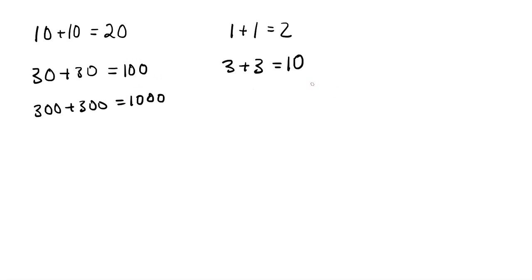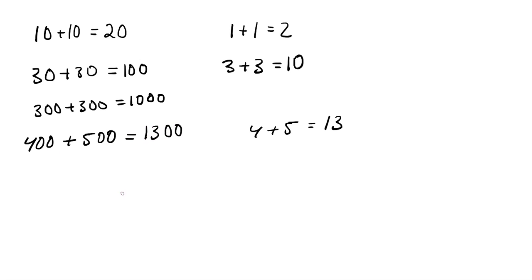So we have another addition table for base 6 and any other base. For example, if I have 400 plus 500 in base 6, we have 4 plus 5. What is that in base 6? Yeah, we know that 4 plus 2 is 10. So this is 13 in base 6. So this is 13, and then we just put the 2 zeros at the end.